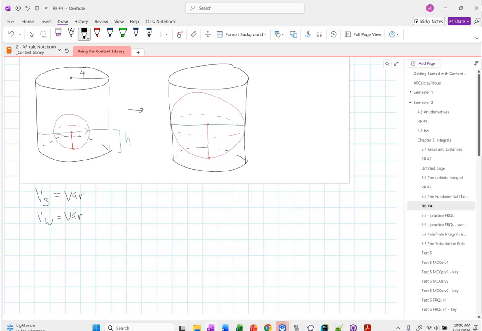And we also have the volume of the cylinder of water, right? That's going to be changing because I have a little cylinder of water here also.